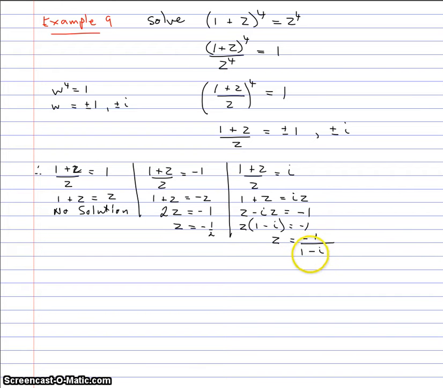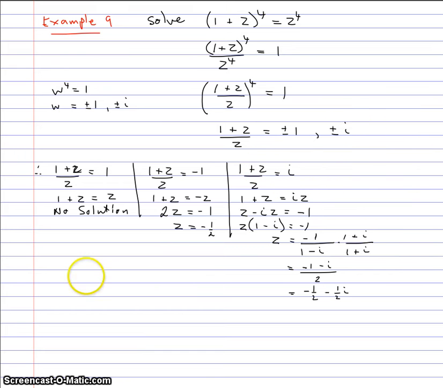Now we don't like to leave it in that form. We want to have a real denominator. So multiplying by its conjugate, 1 plus i over 1 plus i, we end up with negative 1 minus i over 1 plus 1, which is 2. Negative 1/2 minus 1/2 i, or i over 2. So that's our third.